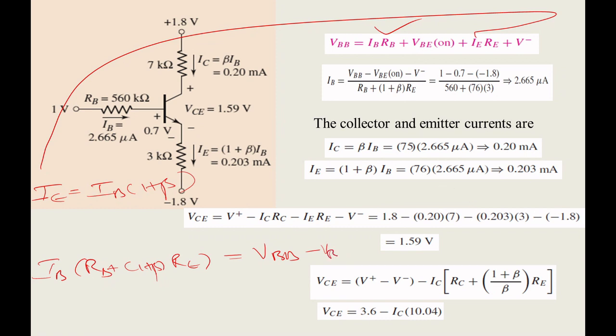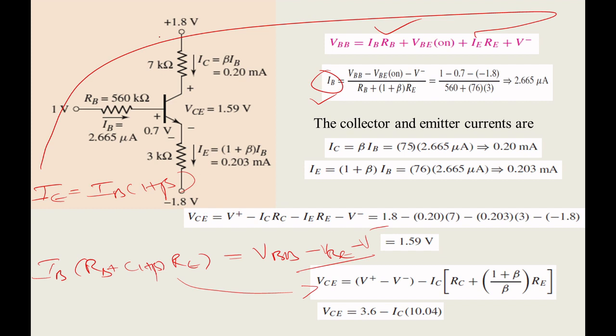I want to find IB, so bring this 2 down. That's how you get this equation. You can find IBQ, and this is the ICQ formula and this is the IEQ formula. From this we can plot the input characteristics and output characteristics.